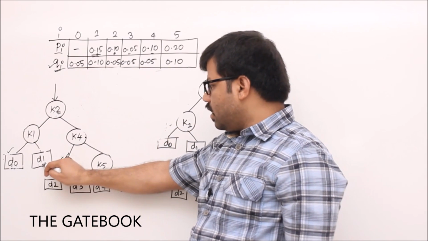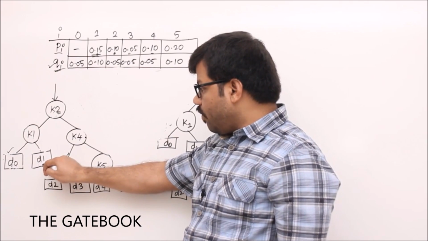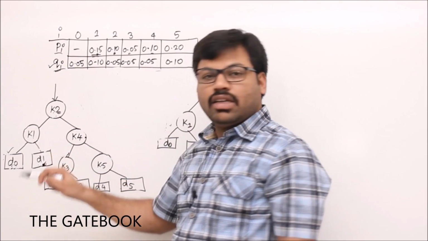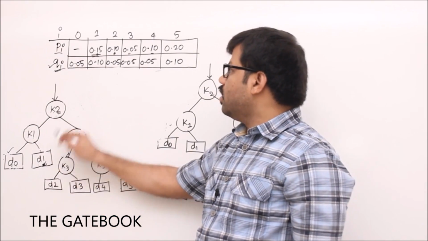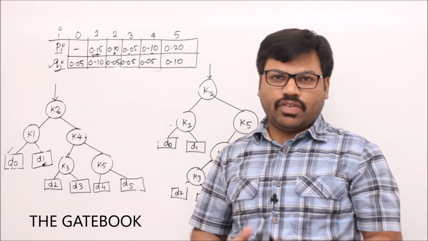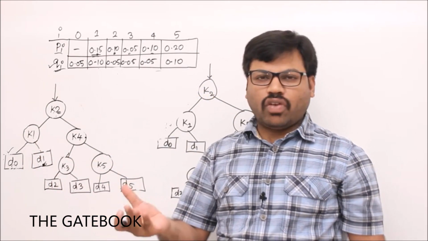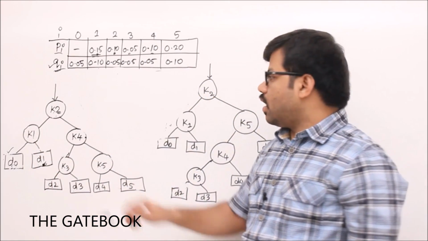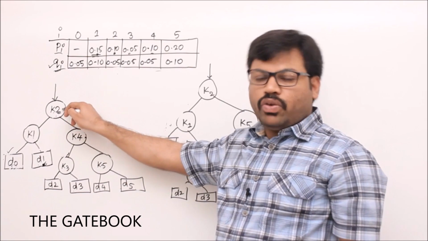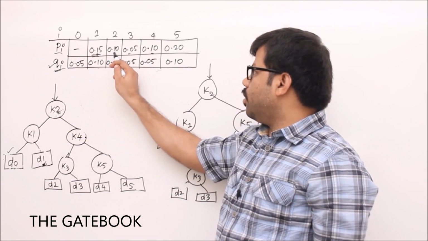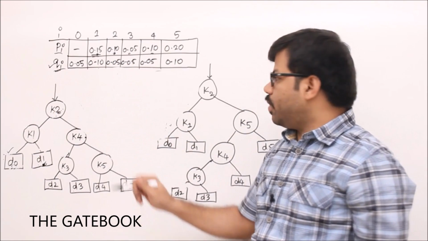Similarly, people might search for a value which is not there in the tree, but that unsuccessful search falls here. Then what is the probability of that? That is D1. Everything is given. Now, given all these things, what is the cost of the tree? We will compute it. We know the formula for the cost of the tree. What is that? Cost of the key times its frequency, correct? For example, how many times do you search for K2? See the table, 0.10. That means 10% of the time.